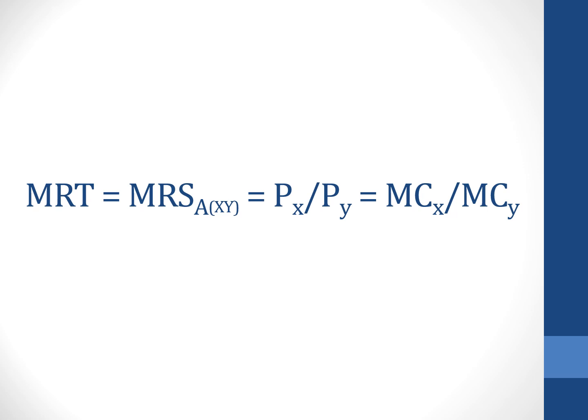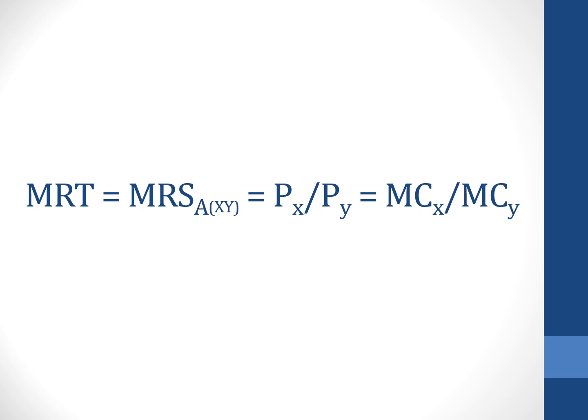So the long story short of this is that the marginal rates of substitution will be equal to each other. The marginal rates of technical substitution will be equal to each other. And the marginal rate of transformation will be equal to the marginal rate of substitution, i.e. output efficiency. Saying that we have output efficiency implies the marginal rate of transformation is equal to the marginal rate of substitution.